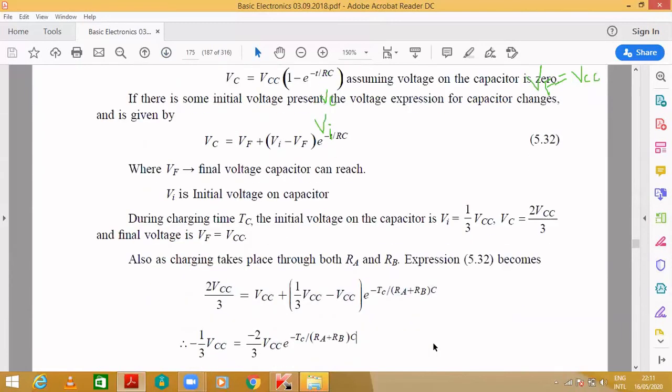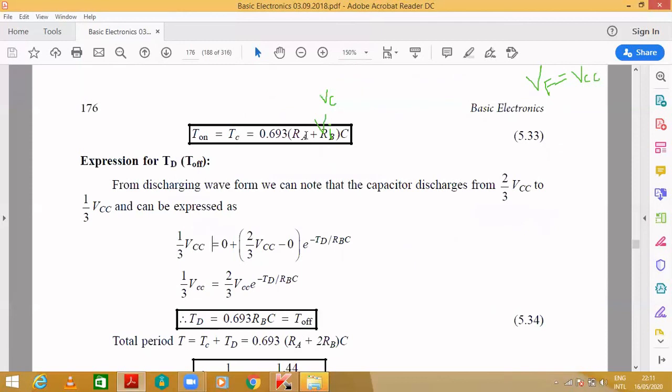Once you do the calculations, it will become minus 1 by 3 VCC minus 2 by 3 VCC into this. After doing the calculation, you will be getting this.